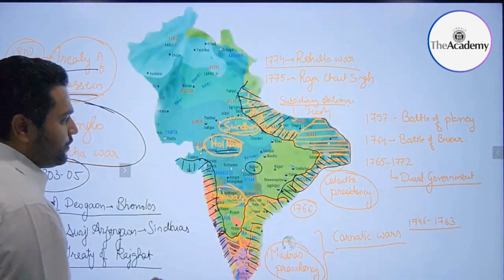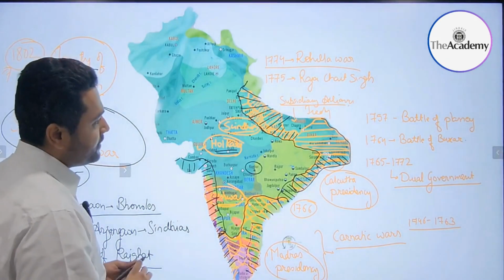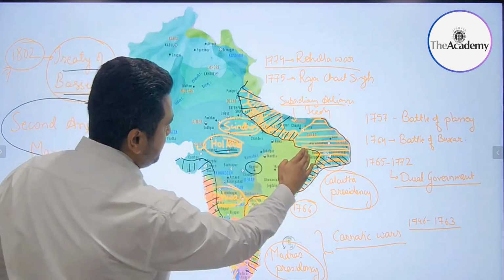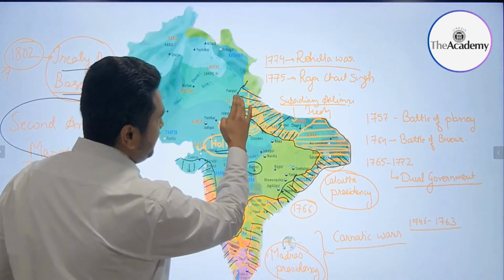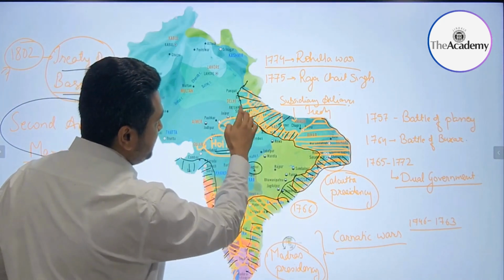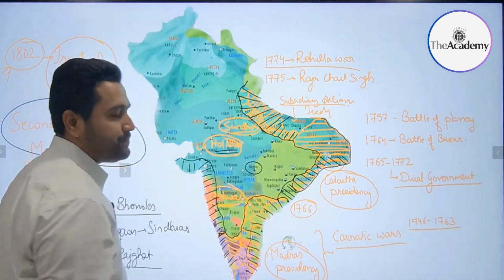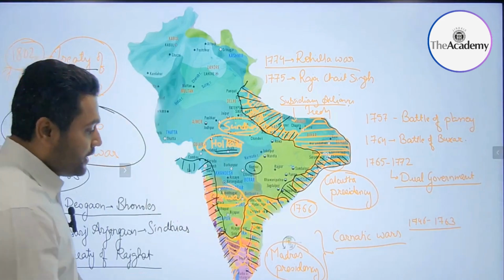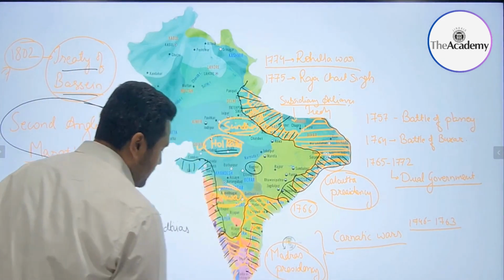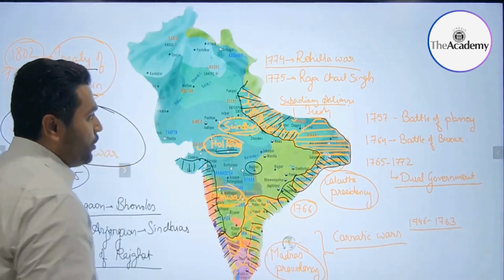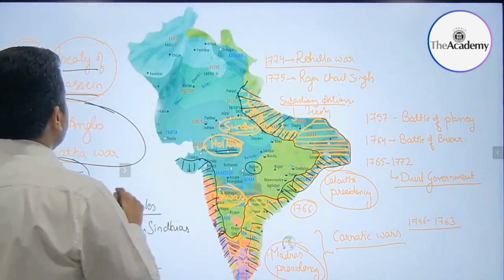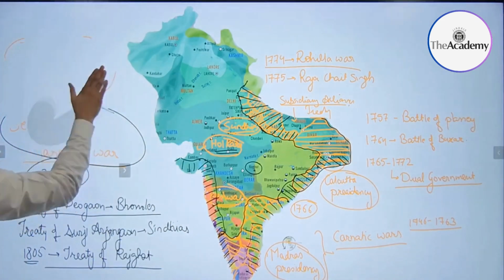During the time period of Lord Wellesley, we see that the English frontier had almost reached as far as river Yamuna. Now, it will be Lord Minto who would be signing a treaty of Amritsar.